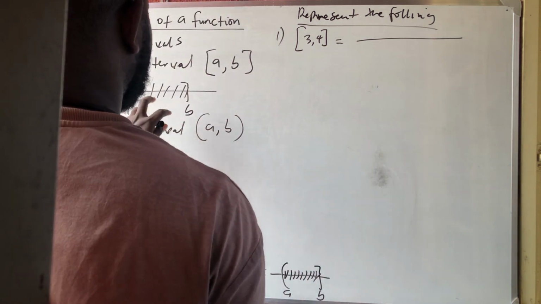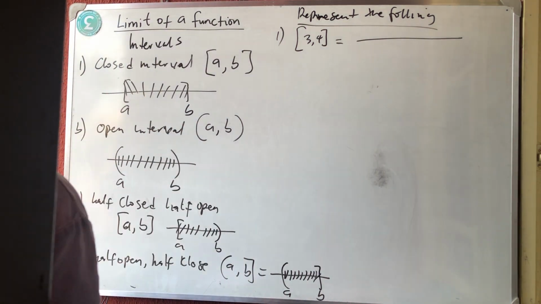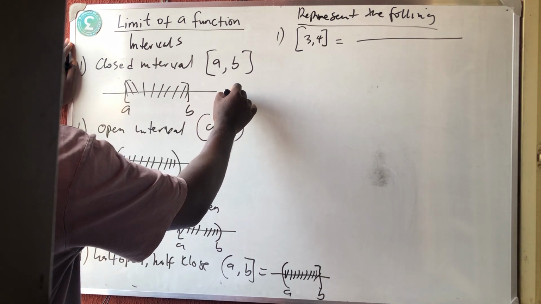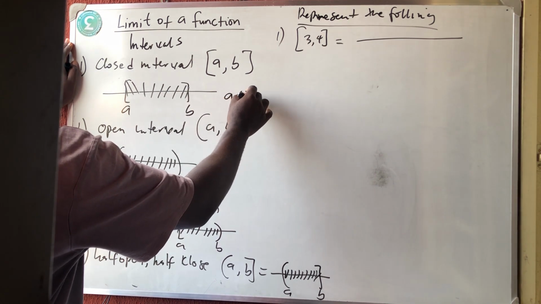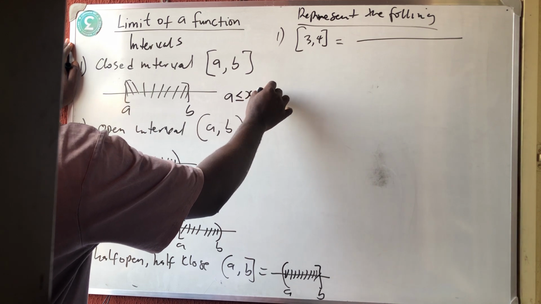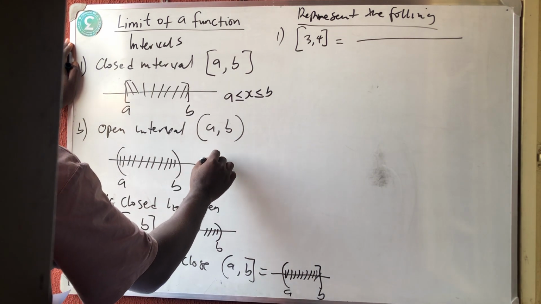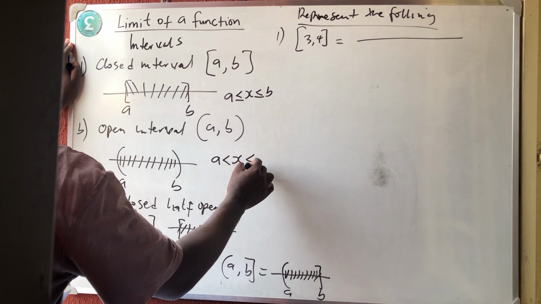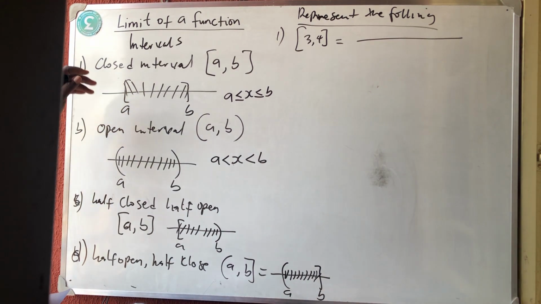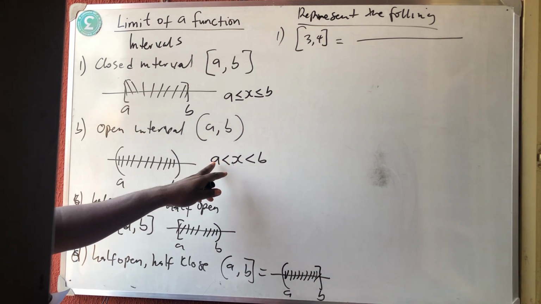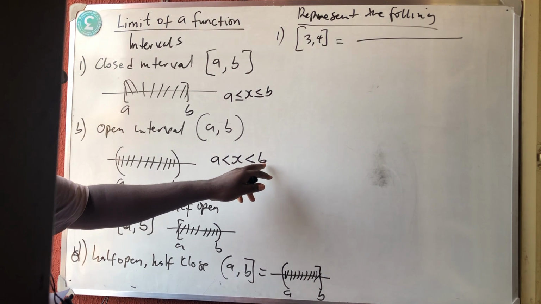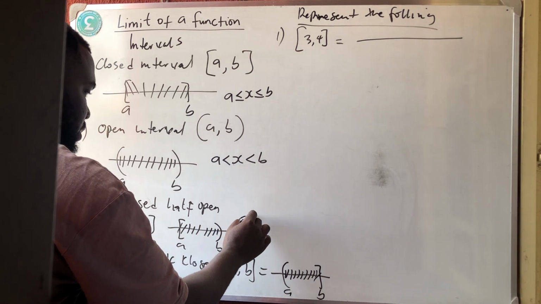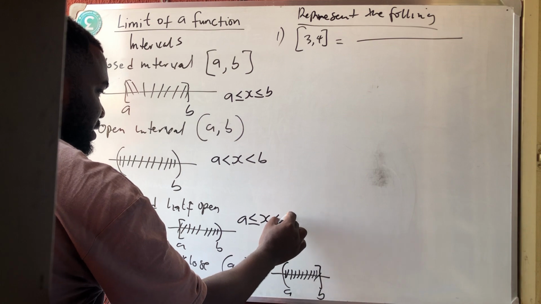If you want to represent this mathematically in algebraic form, you say that A is less than or equal to X, which is less than or equal to B. This one is A is less than X, which is less than B. So X is greater than A, it did not start from A, but it is less than B. This one is A is less than or equal to X, which is less than B.